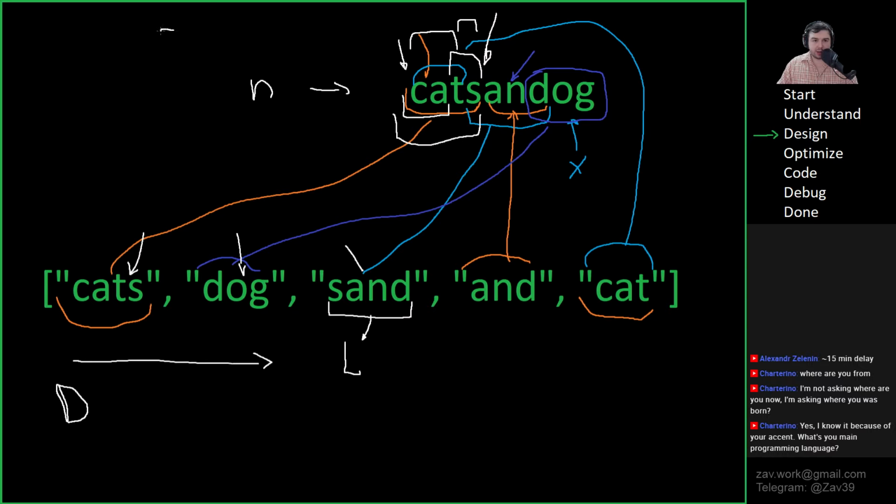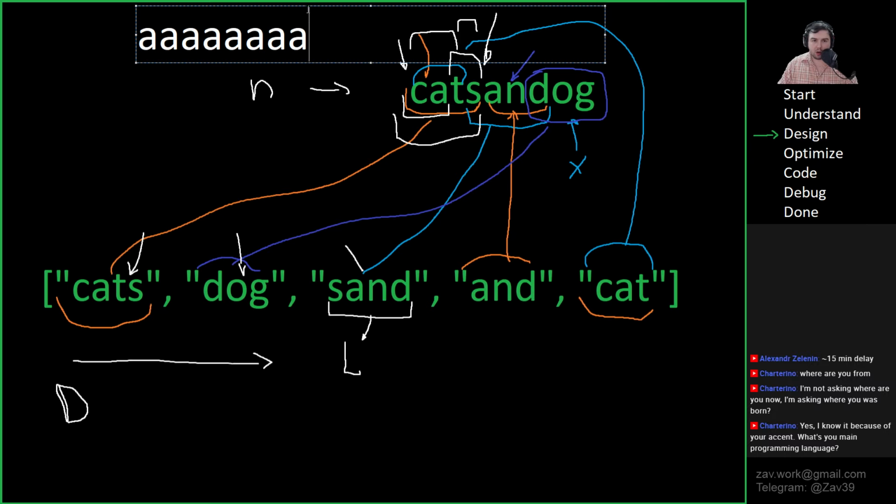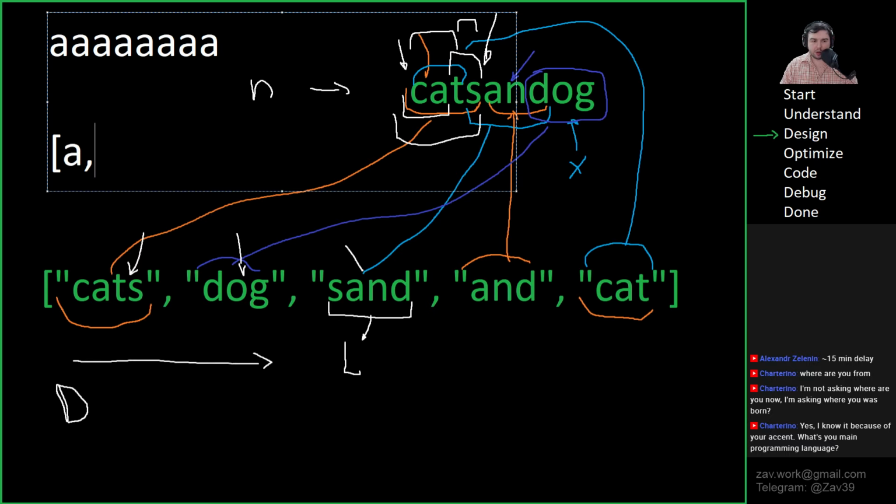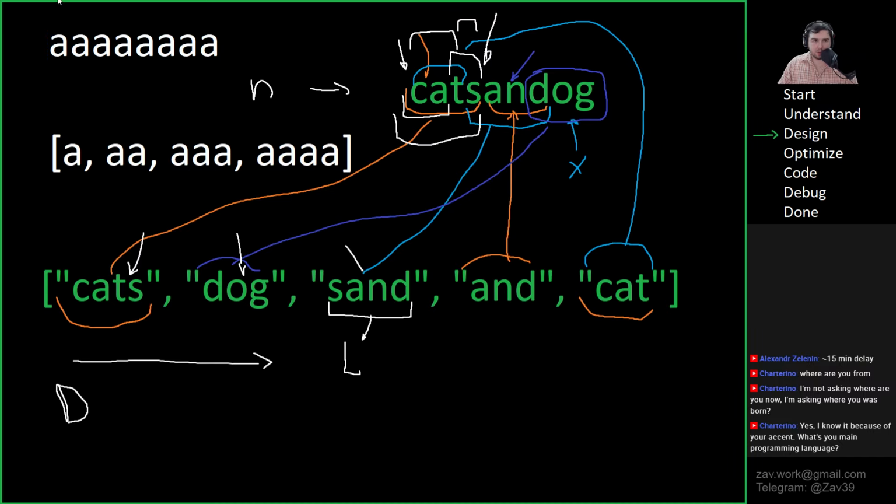Let's assume that we have a string like this, without commas, and we have a dictionary where we have different possibilities with the same letter. In this case, at the start we will have 4 options: 1, 2, 3, 4.